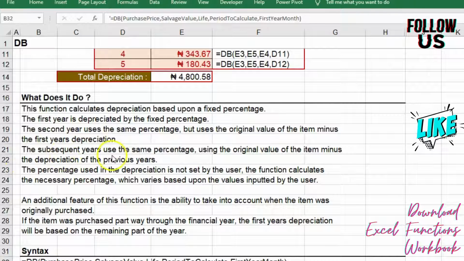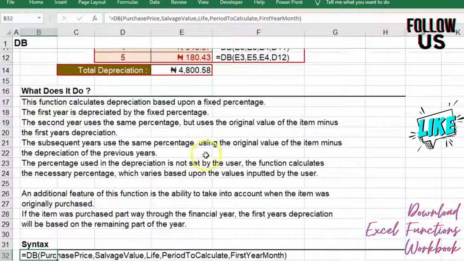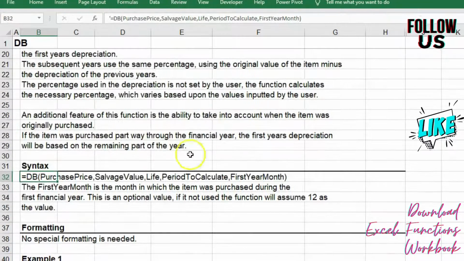The subsequent years use the same percentage using the original value of the item minus the depreciation of the previous years. The percentage used in depreciation is not set by the user. The function calculates the necessary percentage, which varies based upon the values the user has inputted.